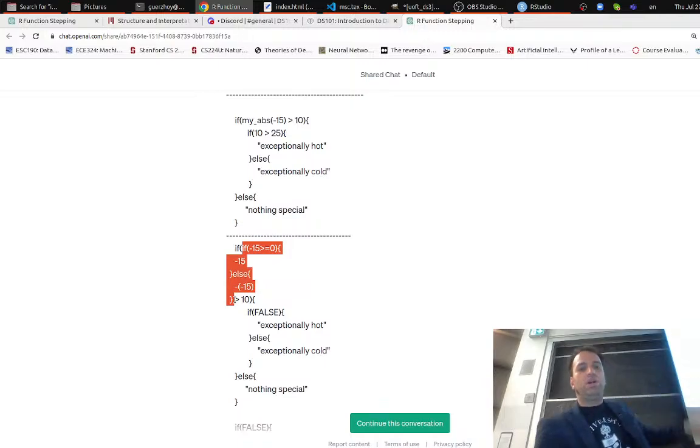And then what does this mean? Well, this is false, so the value of this whole thing is going to be minus 15, because it's not true that minus 15 is greater or equal than 0, so the value of this thing is minus 15, which is 15.